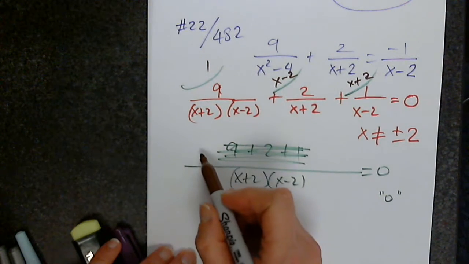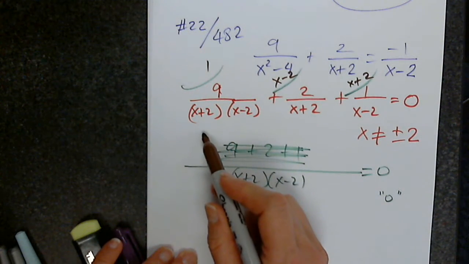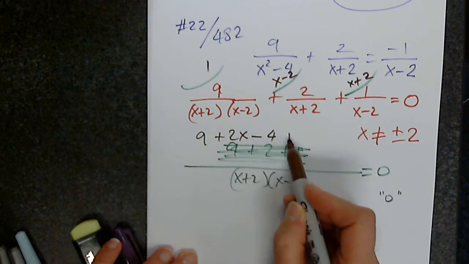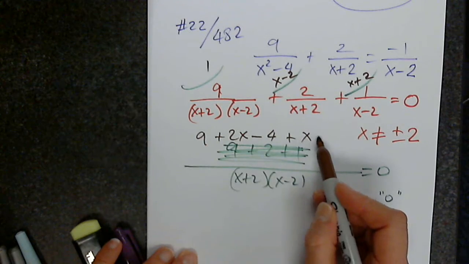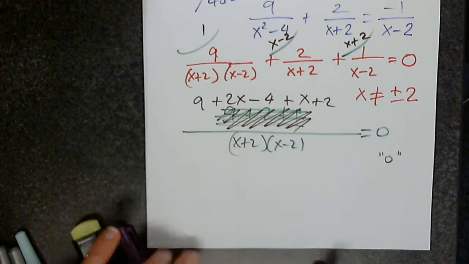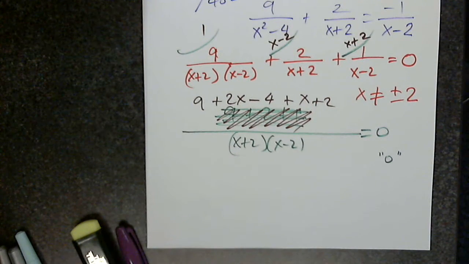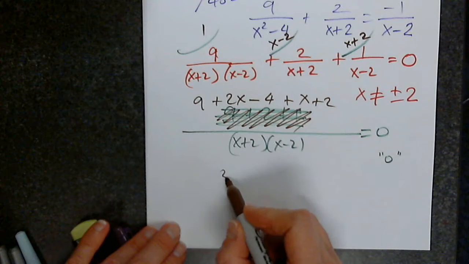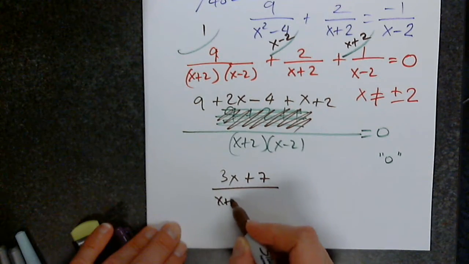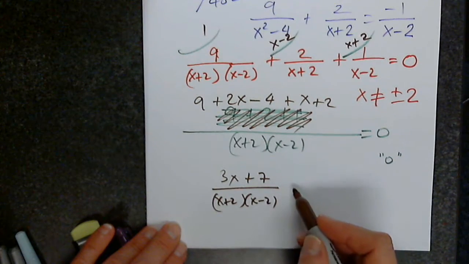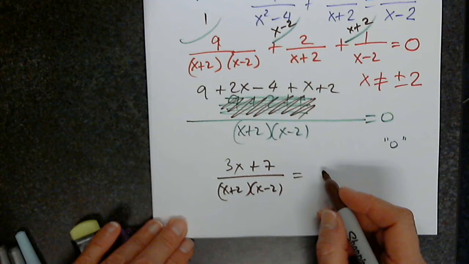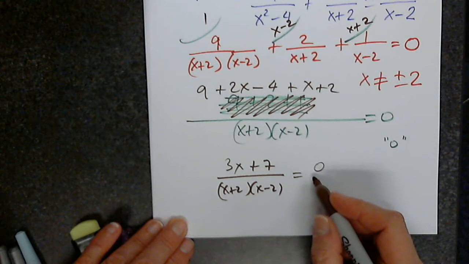Okay, so then 9 plus 2x minus 4 plus x plus 2. Excellent. What now? Combine like terms. Correct. So then I have 3x plus 7 divided by x plus 2 times x minus 2. And what do I write next? 0 over 1.